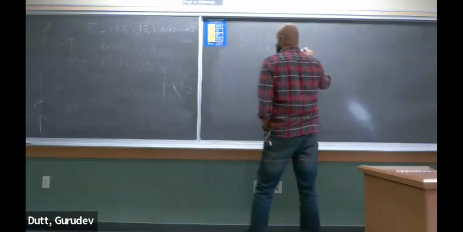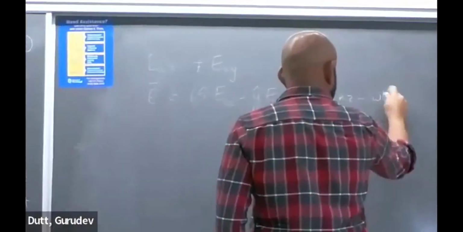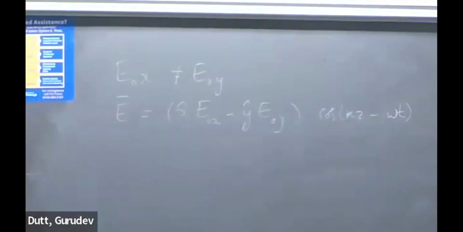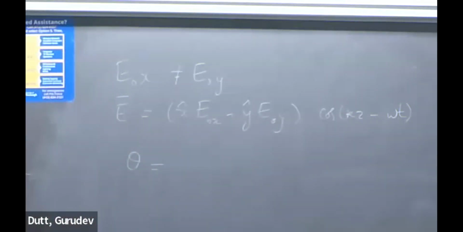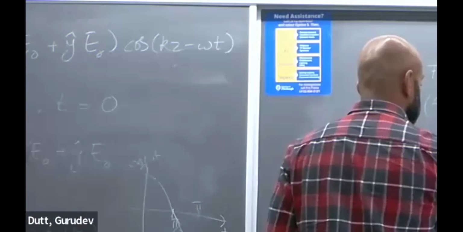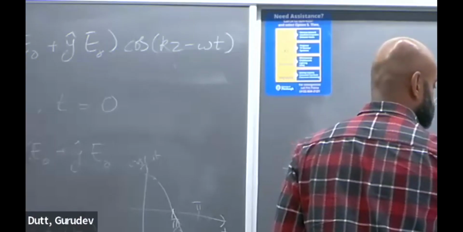But let's say the phase is again 0, so it's cosine kz minus omega t. All of the same arguments that I just used will go through, except that the angle I originally start with will be different. So the original angle will no longer be 45 degrees. It will be some value given by some angle theta, which is going to be tan inverse of E naught y by E naught x.